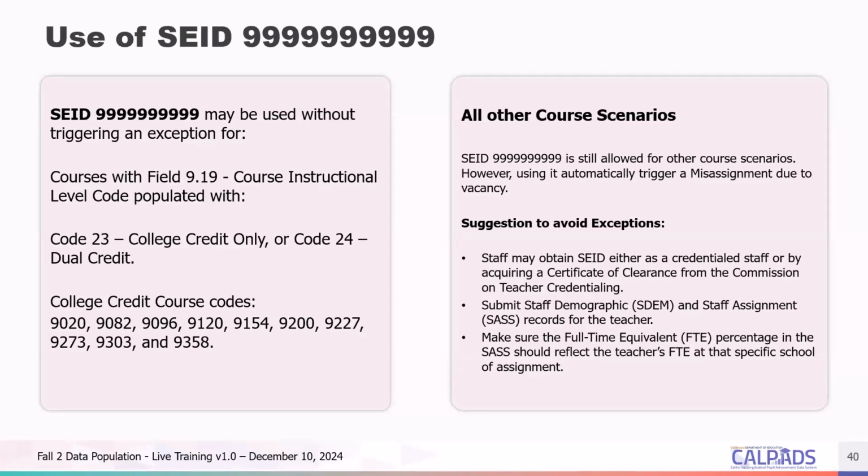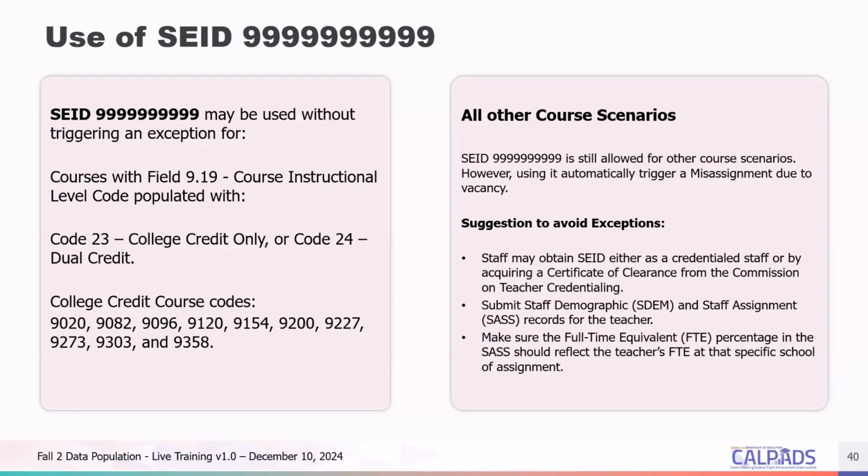There are appropriate uses of a generic SEID of all nines this academic year, though, and they are first for those learner-led courses, those self-directed online courses, the courses that are taught solely by an online application program. Those courses should be reported with course section records using a generic SEID of all nines.